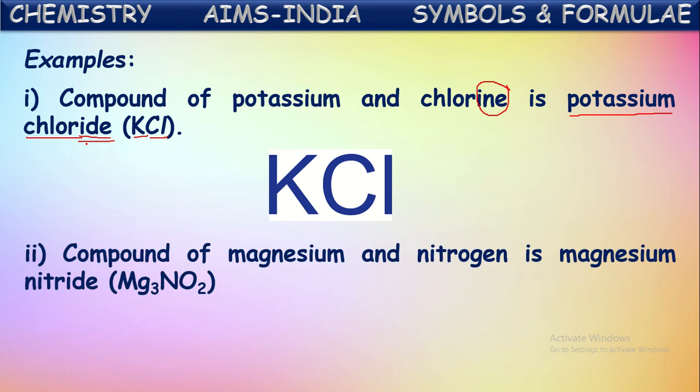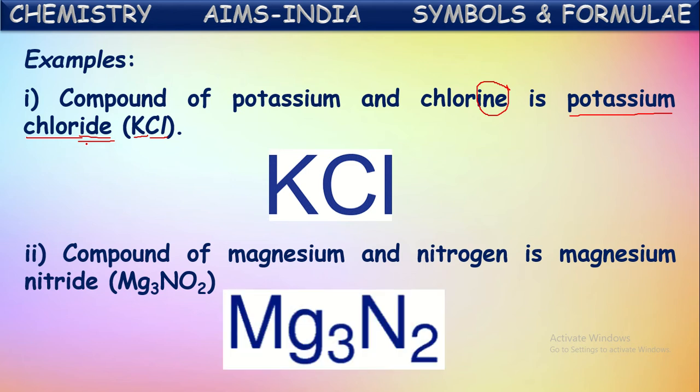The compound formed by the combination of magnesium and nitrogen is Mg3N2. Now in this, the metallic part is magnesium. So magnesium is written as it is, magnesium.